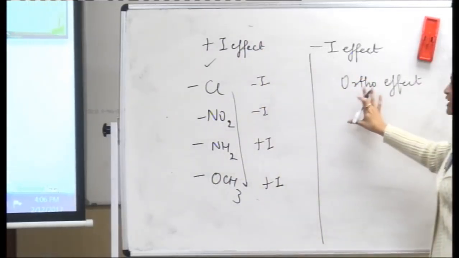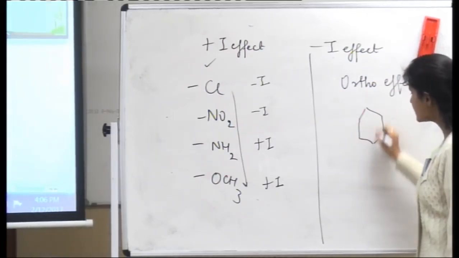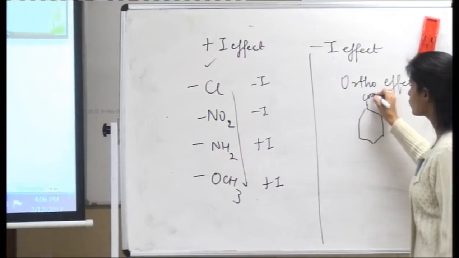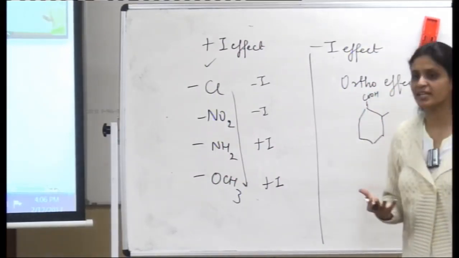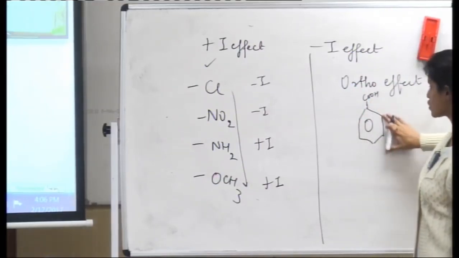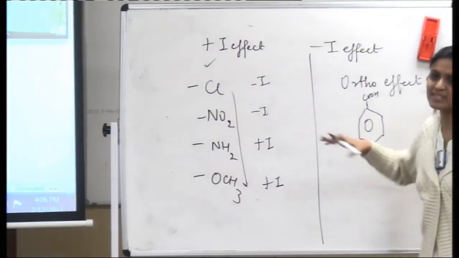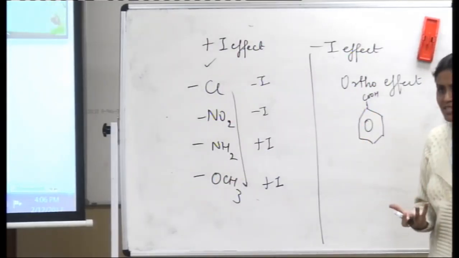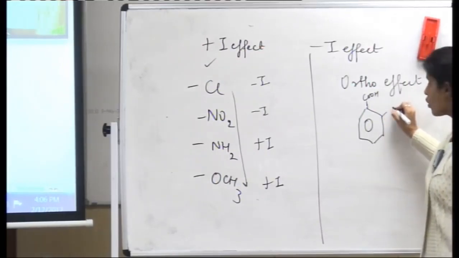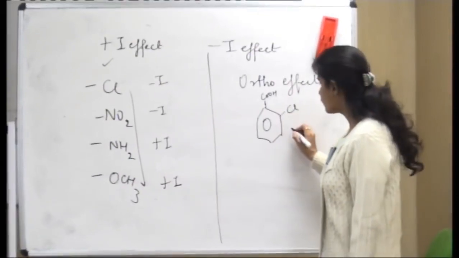Now whenever I am saying ortho effect, that means any group which is ortho to the functional group. Suppose I am talking about the carboxylic acids. So this is the structure for this carboxylic acid, aromatic. Whenever I am saying ortho, I am talking about the aromatic compounds, obviously. So when I am saying ortho effect, that means any group which is ortho to the main functional group. What will happen?